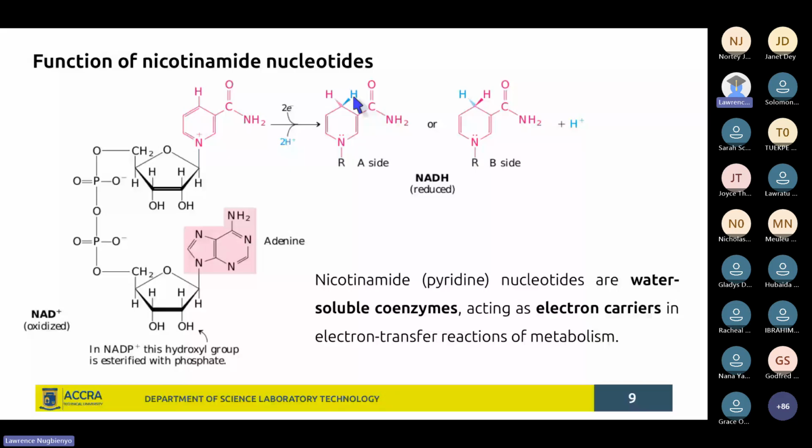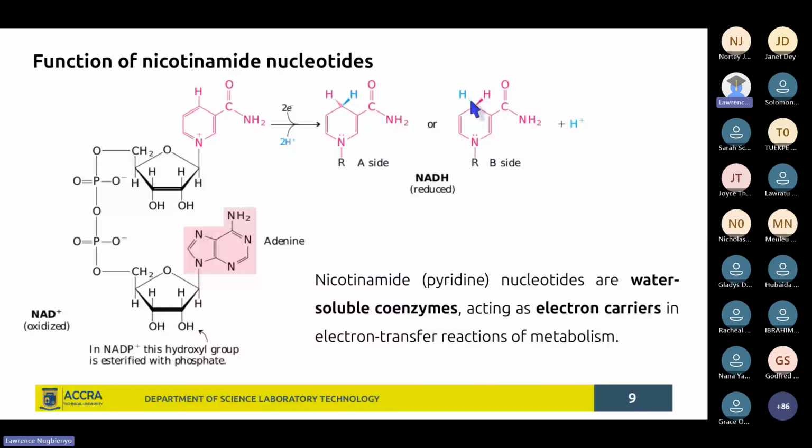And we are referring to this as the A side. That's like the front side of the nicotinamide base. And you see we refer to this as the B side. That is the back. So you see the hydrogen that comes to bind is binding to the back of it.